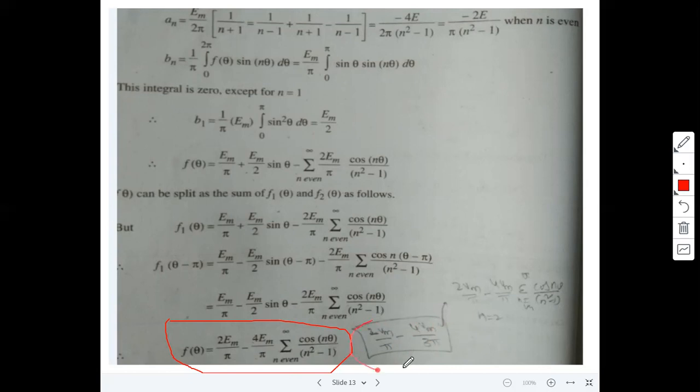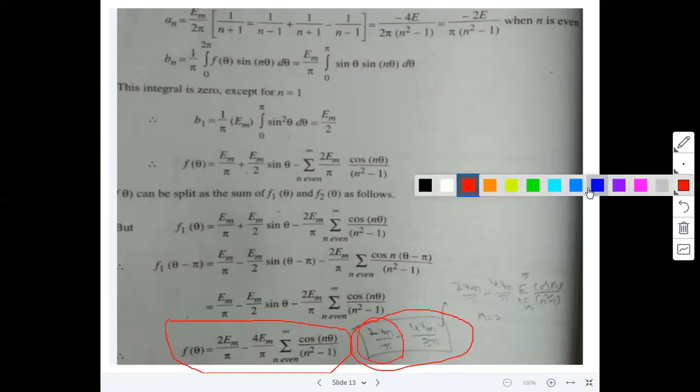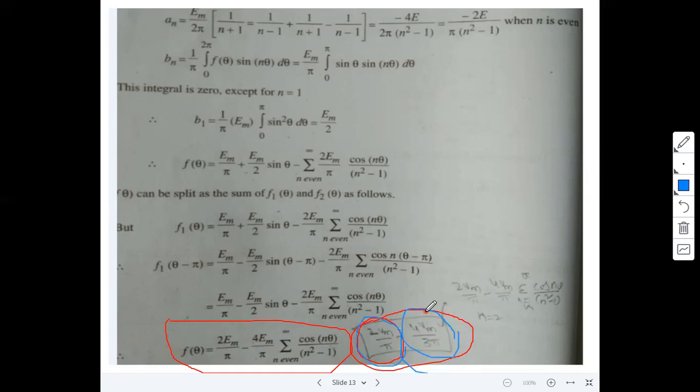The final expression, after applying the Fourier series concept to the full wave rectifier output, is that the output contains 2 Vm by pi. Already we derived 2 Vm by pi, that is equal to the DC component, right? The first term indicates the DC component and the second term indicates the magnitude of the AC component, right?